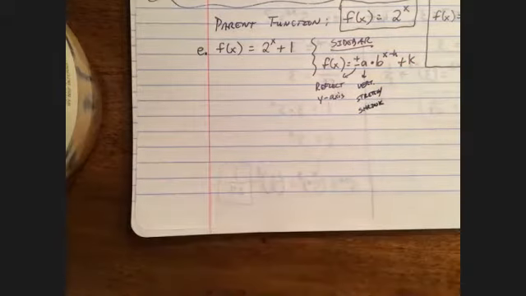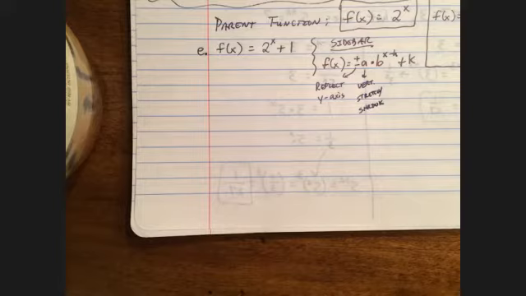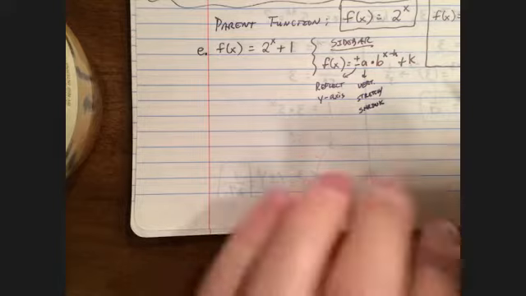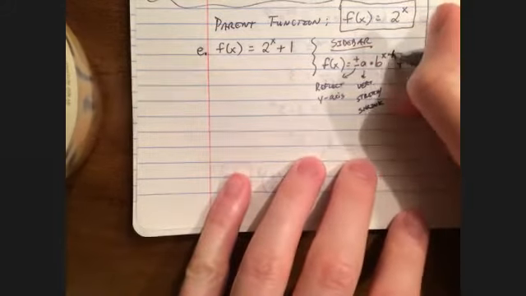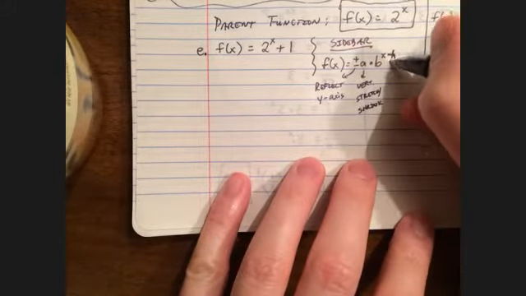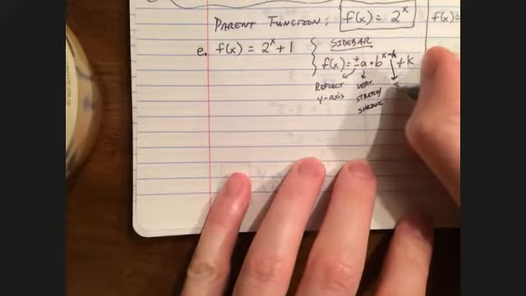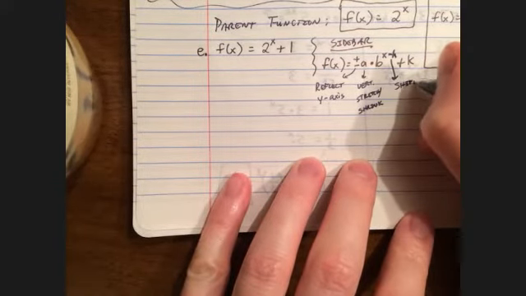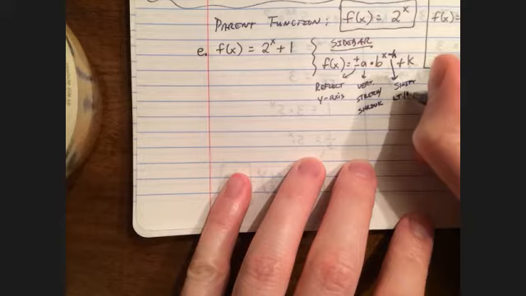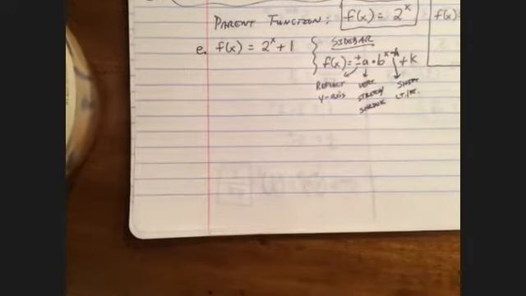See if I can fit it all in here. So there's our vertical stretch and shrink. B is obviously our base that we're working with. This is our minus h. I don't know if that looks very clear, but our minus h right here, that's our shift left or right. So I'll just abbreviate it. So that's our shift left and right.